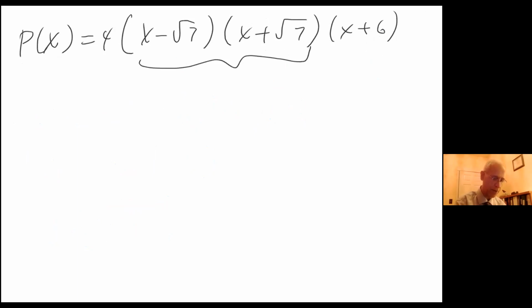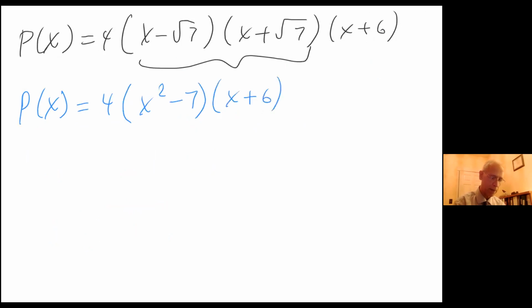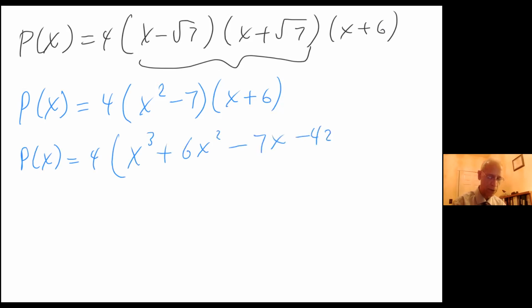It's easiest for me. So p of x equals 4 times x squared minus 7 times x plus 6. So p of x equals 4 times x cubed plus 6x to the second minus 7x minus 42.